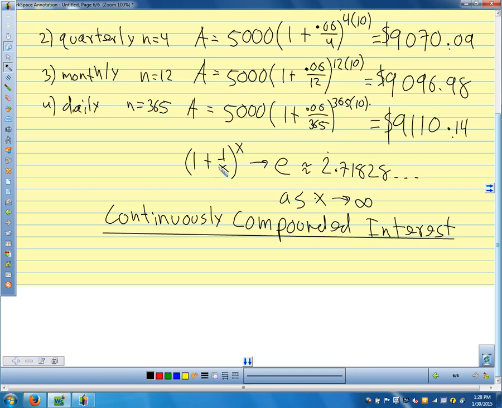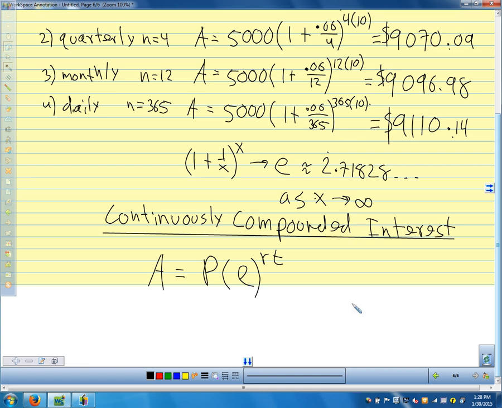Well, this 1 plus 1 over x to the x, this 1 plus r over n raised to the n power, gets closer and closer to this number e. And our formula turns into the amount is P e to the RT. You've probably heard that before, PERT.